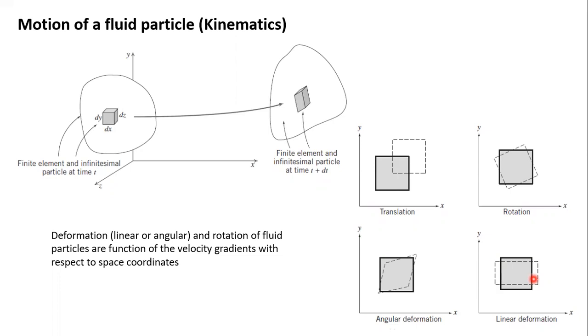So here, the kind of deformation that happened is longitudinal deformation, which means that the angles between the lines didn't change, but it has elongated in a certain direction and shrank in another direction. This is called longitudinal deformation.